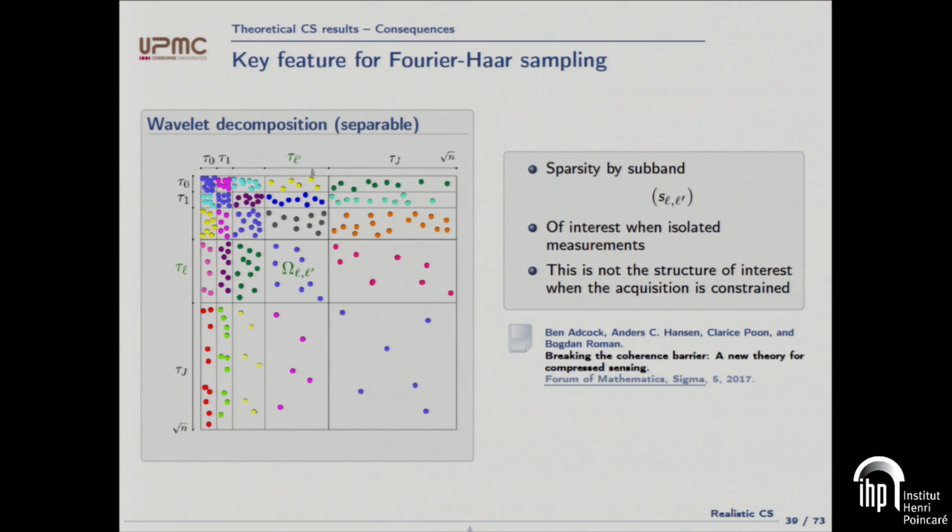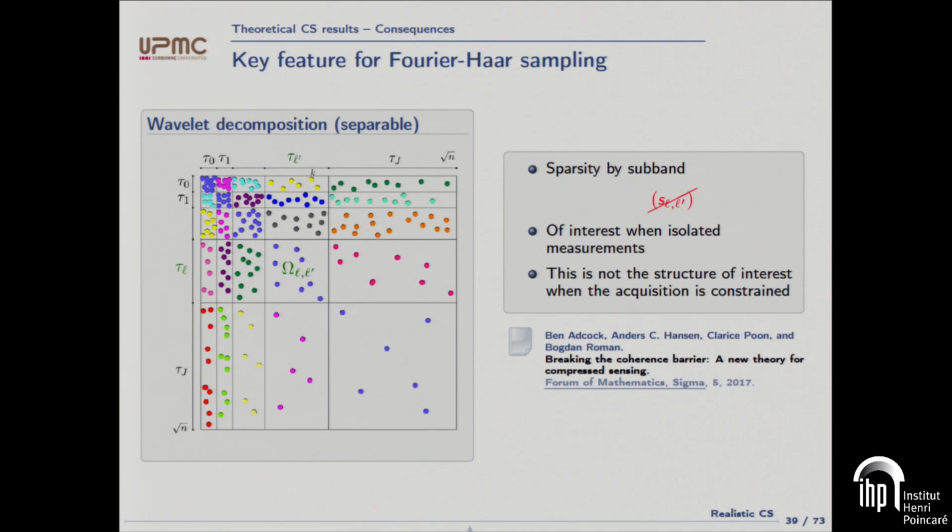Okay, let's go back. Actually this is the structure that you need when you are doing isolated measurements. But when you structure the acquisition, this is not the sparsity structure that you need anymore.